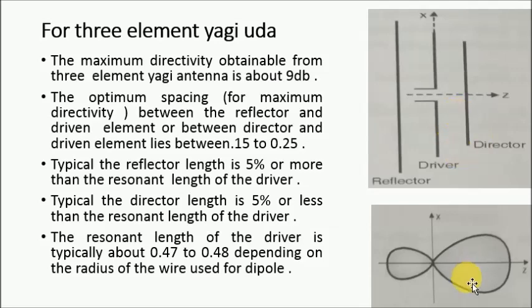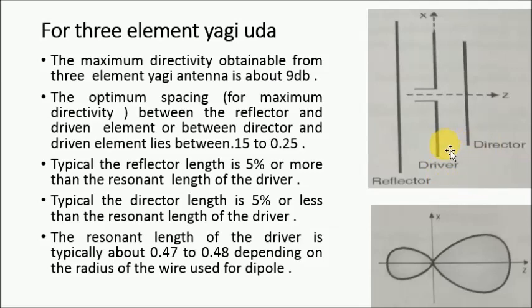And the radiation, if this is a transmitter antenna, you observe is maximum in the direction of the director. So you can observe here the radiation is maximum towards the director, and because of this reflector we have a very small back lobe.